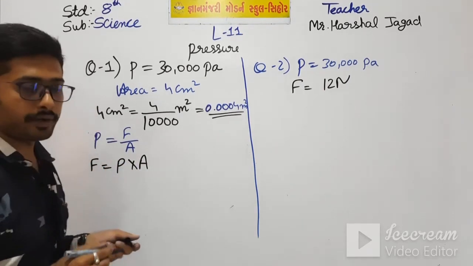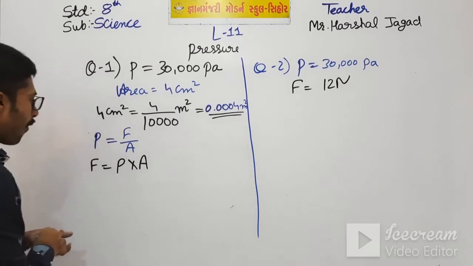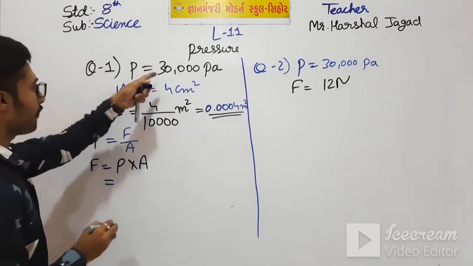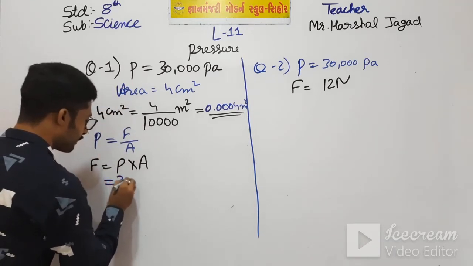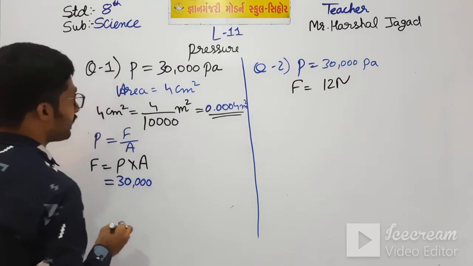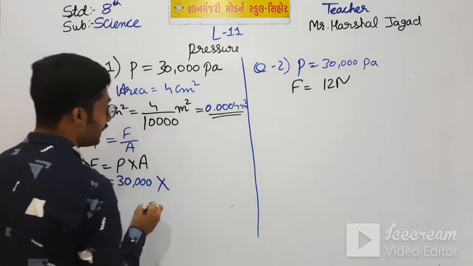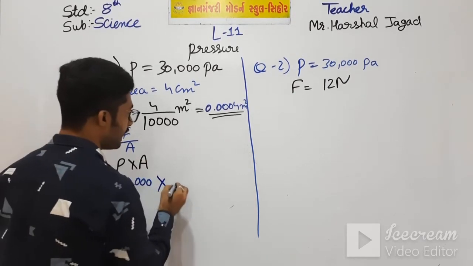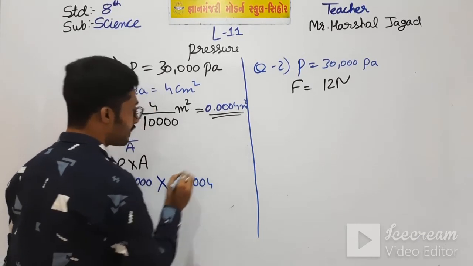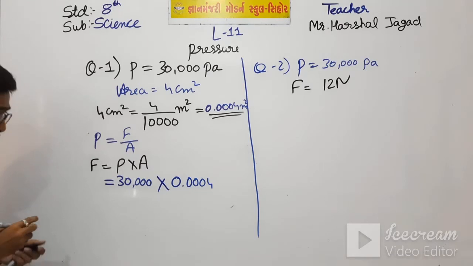Okay students, have you understood this? What is the value of pressure? The value of pressure is 30,000 Pascal, into, what is the value of area? That is 0.0004 meter square.